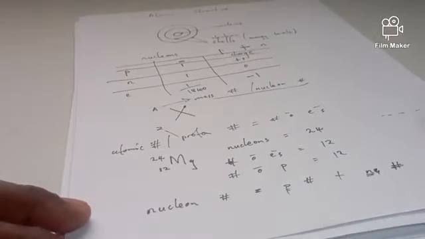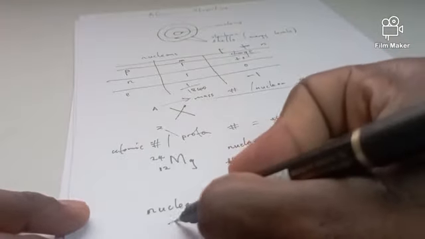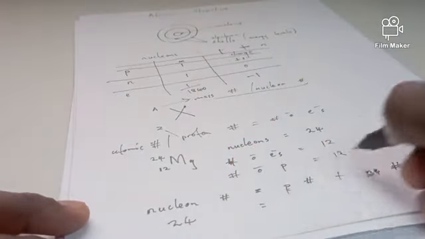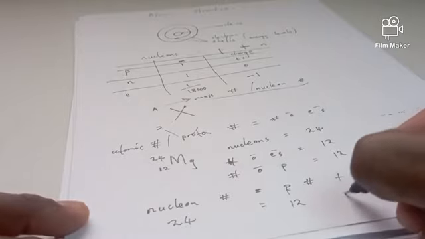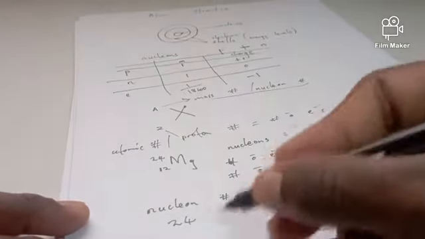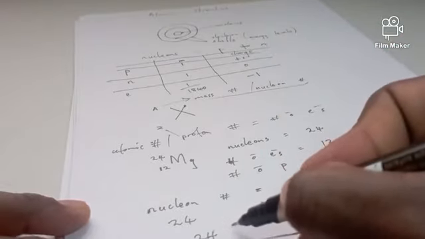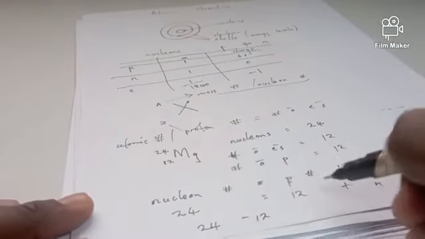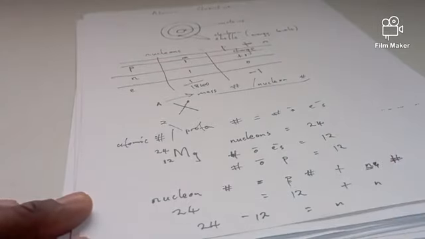So our nucleon number is 24, our protons is 12. That means our neutrons becomes 24 minus 12, giving us 12 neutrons.